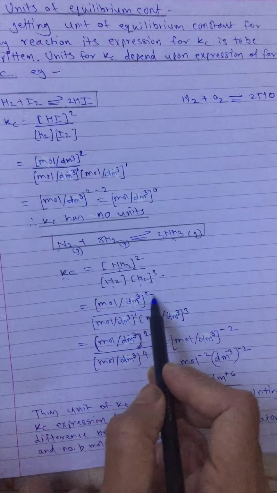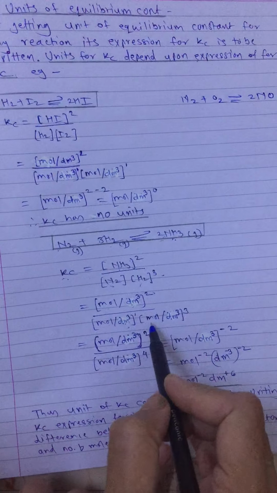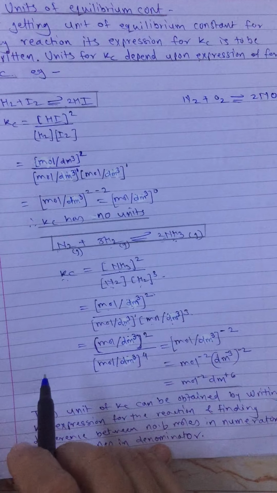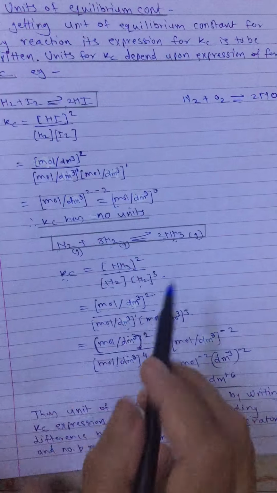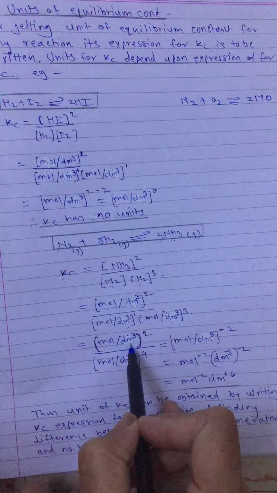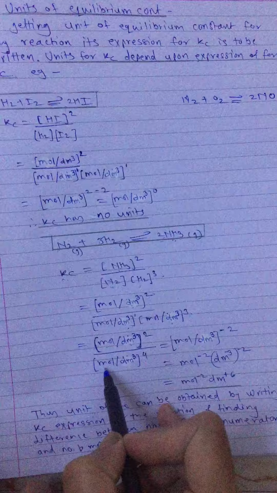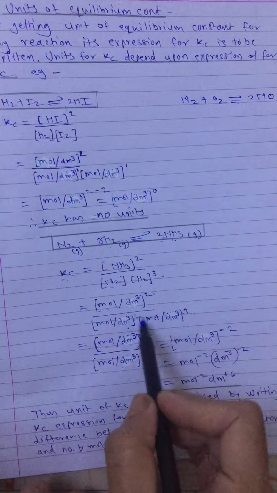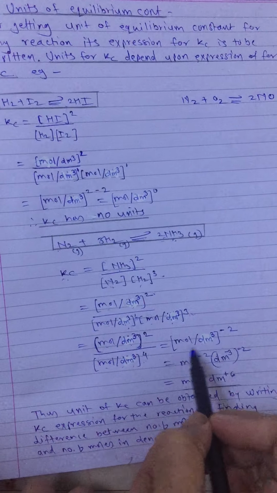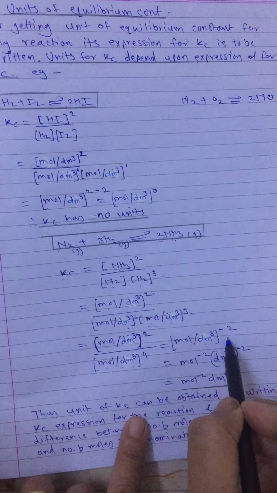Moles per dm cube raised to 2 for ammonia upon moles per dm cube for N2 and moles per dm cube raised to 3 for H2. Moles per liter and moles per dm cube are same. So moles per dm cube raised to 2 upon moles per dm cube raised to 1 plus 3, 4. Means moles per dm cube raised to 2 minus 4, that is -2.